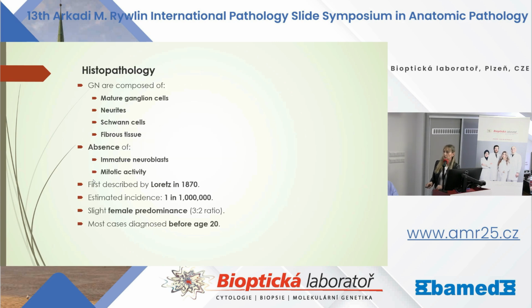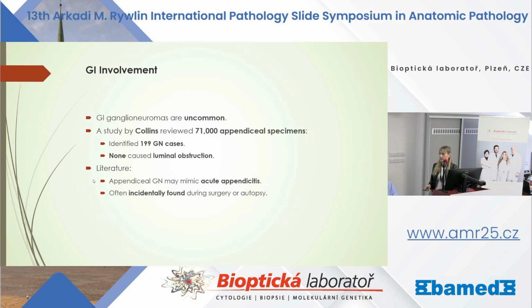They are composed of mature ganglion cells, neurites, Schwann cells, and fibrous tissue, and they lack immature neuroblasts and mitotic activity. They were first described by Loretz in 1870, and the incidence is 1 in every 1 million people. There is a slight female predominance, 3:2 ratio, and most cases are diagnosed before age 20.